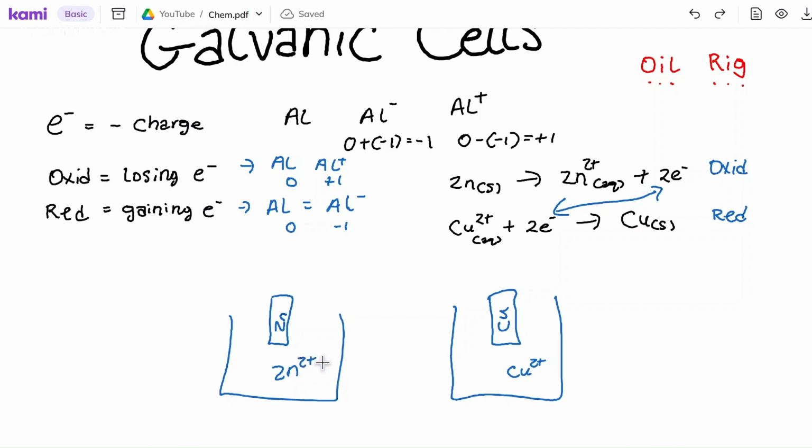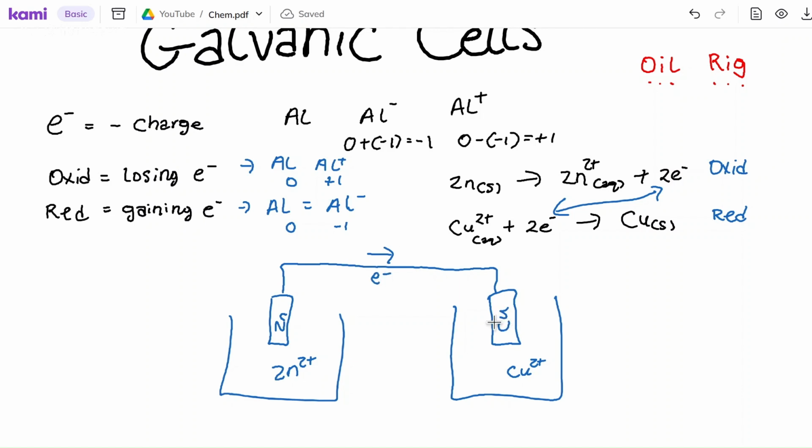That's why it's positive. And then those 2 electrons that it lost go from this side to that side. So the electrons move that way. If you're asked on a test where the electrons move in a galvanic cell, it's from the left to the right. Let me label it the e.